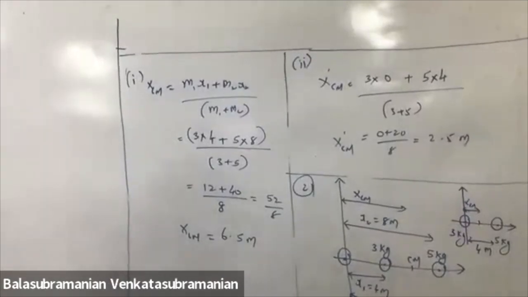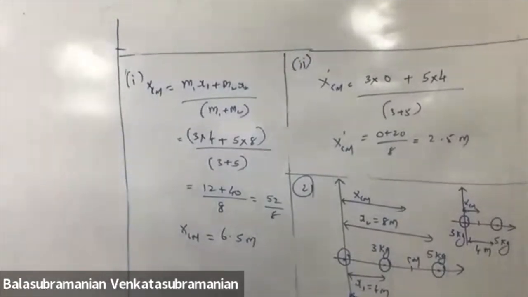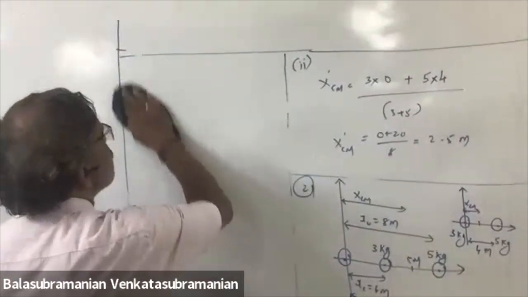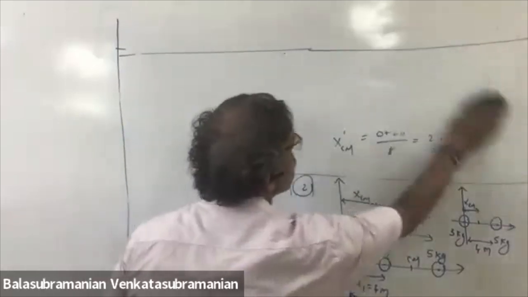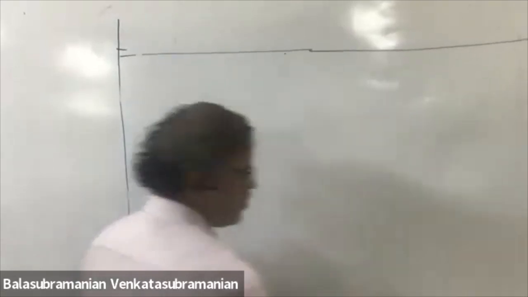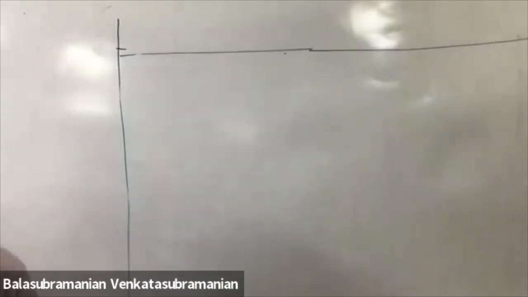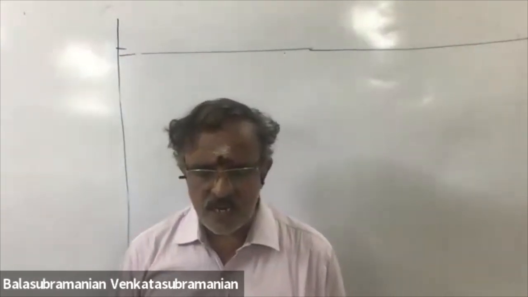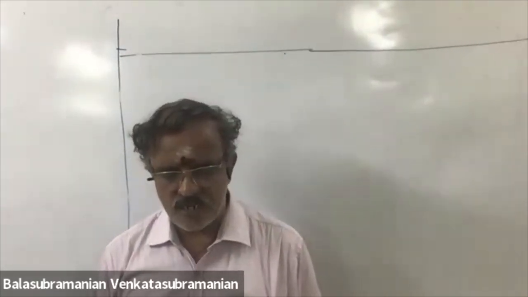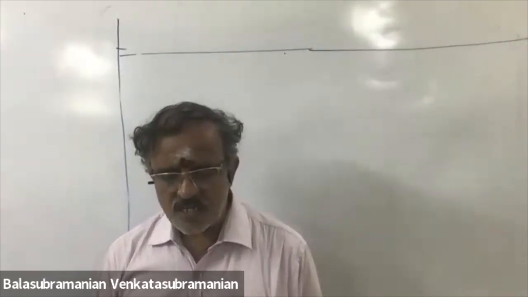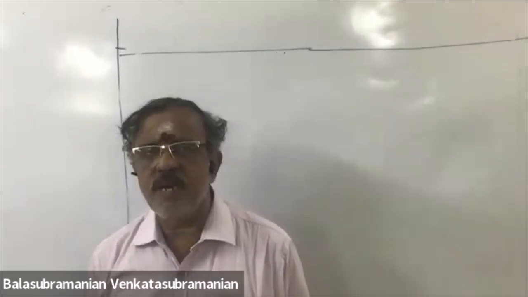Next, we are going to talk about torque. Problem related to torque. Third problem: find the torque of the force 7i minus 3j minus 5k about the origin, which acts on a particle whose position vector is r equal to i plus j minus k.